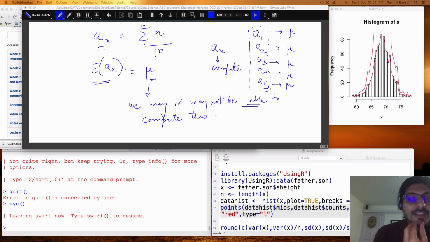Because let's say a simple case of rolling a die, right? So before I have rolled the die, what value do I expect? The value which has probably given me the most probability, right? Something like that. So 1 by 6 is the probability, right? So I'll expect a value of either 3 or 4, right?